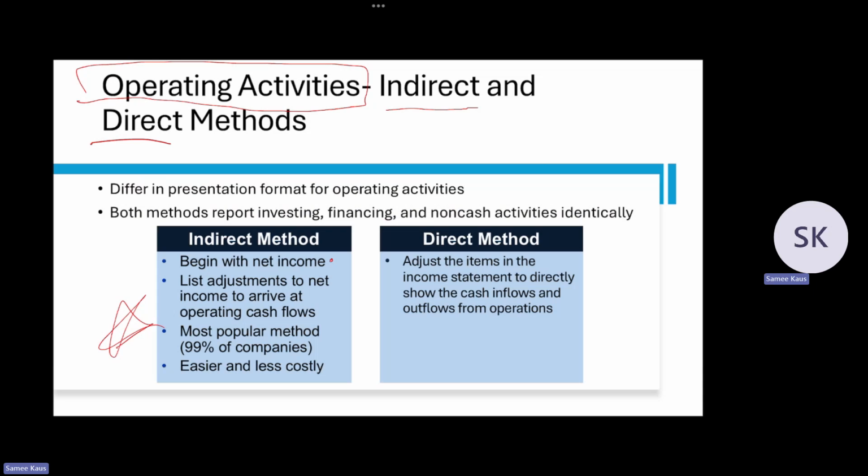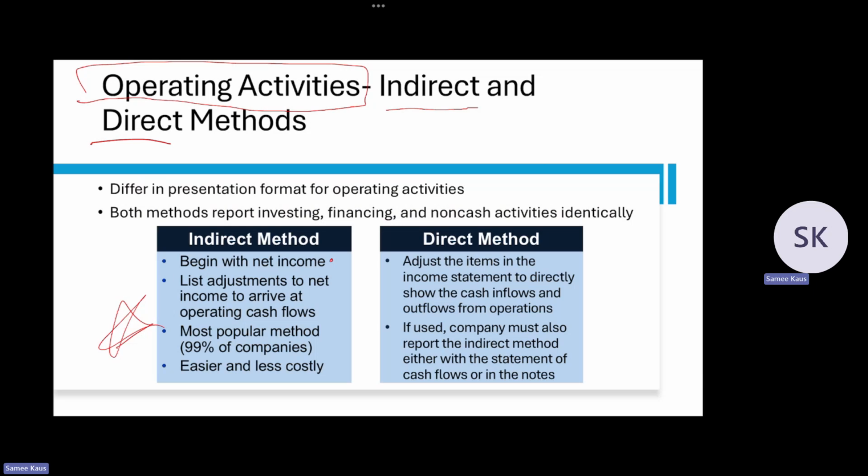Why don't they do it? Because it's hard. And also, if they do it, then you also have to report the indirect method. So you have to present the direct and the indirect, or you can do it in the notes to the financial statements, okay? What is really important about this is that at the end of the day, they're going to be the same, okay?